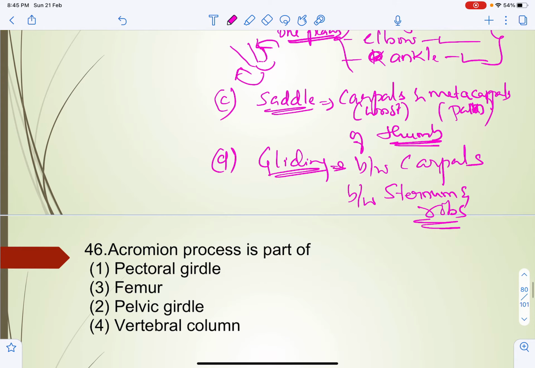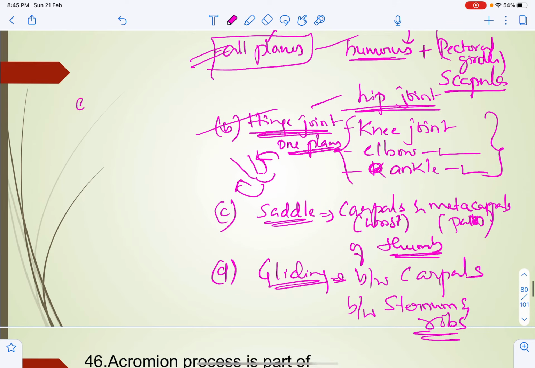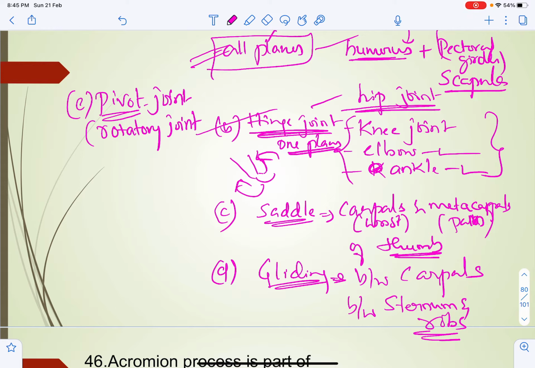Along with that, one very important thing you should keep in mind: the joint between atlas and axis is a pivot joint. Pivot means we can also call it a rotatory joint. The axis has an odontoid peg, and on that the other bone, the first cervical vertebra, called atlas, pivots over the axis.